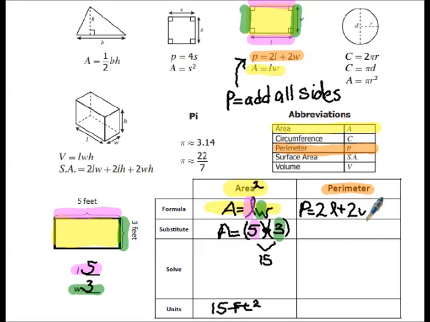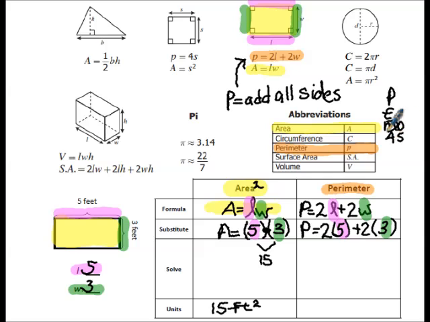So 2L plus 2W, we know that L is 5 and W is 3, so 2 times whatever L is plus 2 times whatever W is. We're going to put the L, or length, in as 5, and then we're going to put the width in as 3. If I look at PEMDAS, I see 2 multiplications and 1 addition.